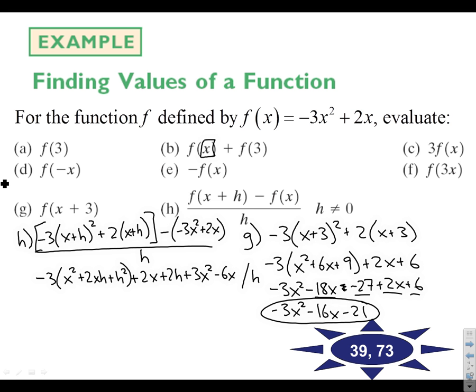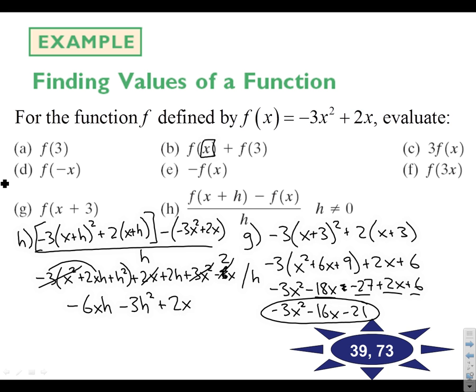Let's clean this up. Negative 3x squared plus 3x squared will go away. This is going to be negative 6xh, and then we'll have minus 3h squared. Oh, sorry, I got carried away there.